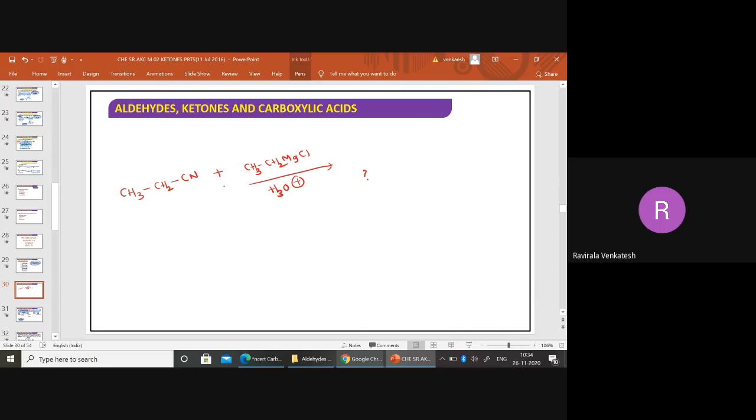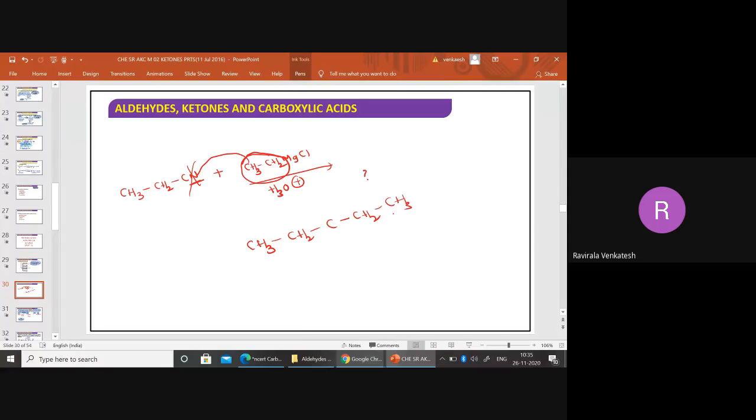Numbering also we have to do. You don't need to write everything. For writing the product, take whatever the R group is and remove the nitrogen. I'm writing a shortcut; it is not a mechanism. Put the R group in the place of nitrogen. What we get is CH3, CH2, C, CH2. Write it in this manner.